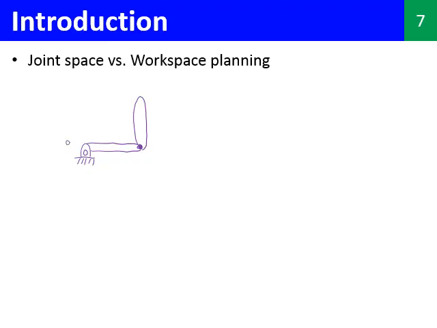So let this be Q1, the joint variable, and this is Q2, and here we have the end effector XY.